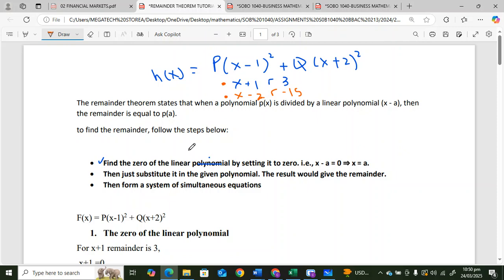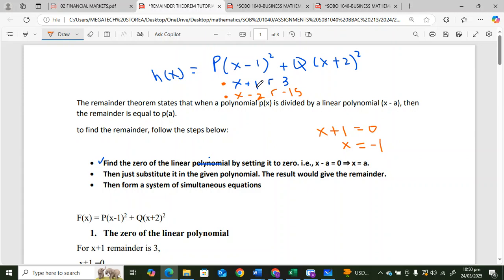So what we're basically saying is this first linear equation, x plus 1, equate it to 0. Take the 1 to the other side. X equals negative 1. This negative 1, when you put it in this equation, makes this equation 0.